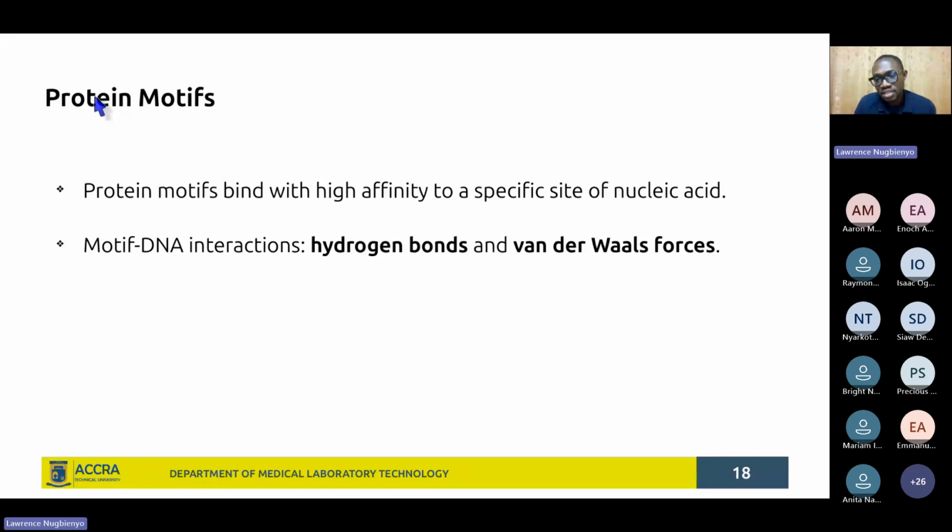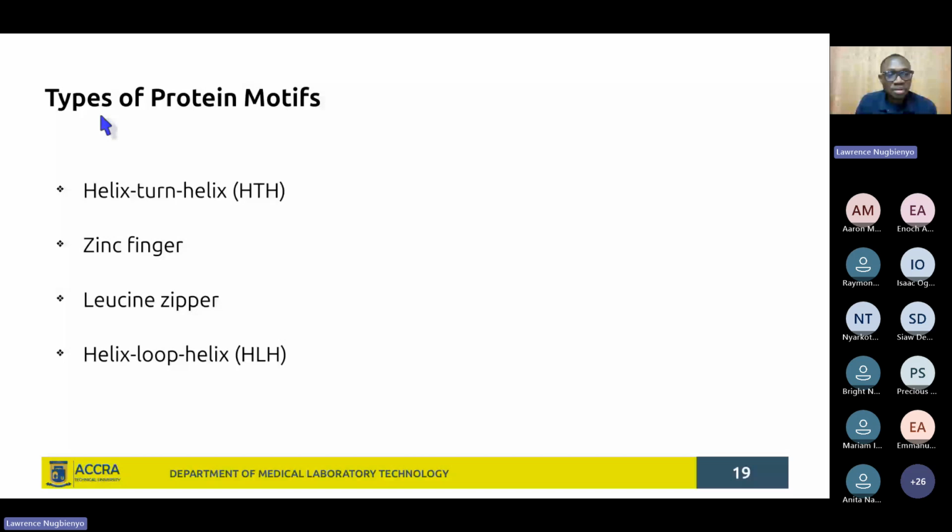So just like we have the active center for the enzyme, for this particular interaction with the nucleic acids, we have protein motifs. We have 4 major types of these protein motifs: helix-turn-helix, zinc finger, leucine zipper, and helix-loop-helix. Not complex. It's just about looking at the structure, how it looks, and the name is given to it just the way it looks.